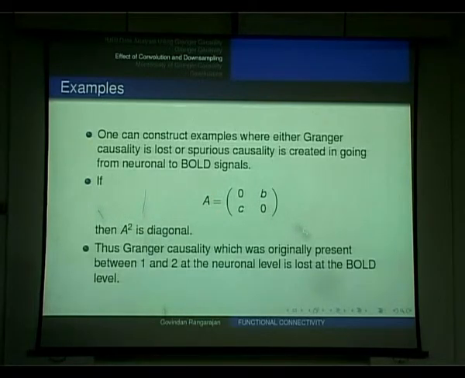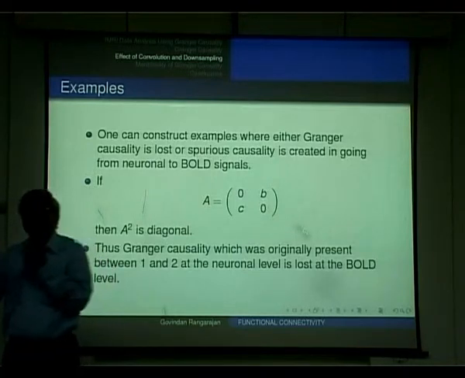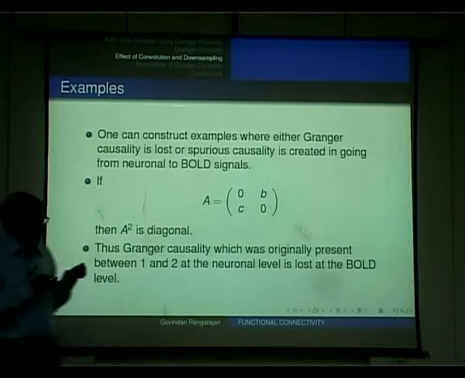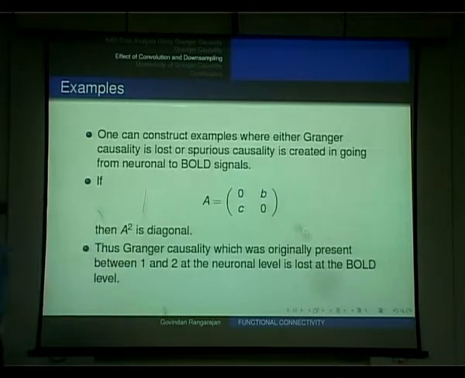The off-diagonal terms are gone, and that implies that Granger causality is also gone, because Granger causality comes from these off-diagonal terms, which measure the influence between the two processes. So the connectivity which was present at the neuronal level is completely lost when you go to the fMRI level. You have a spurious result: what was there at the neuronal level you are not at all capturing at the fMRI level because of this downsampling.